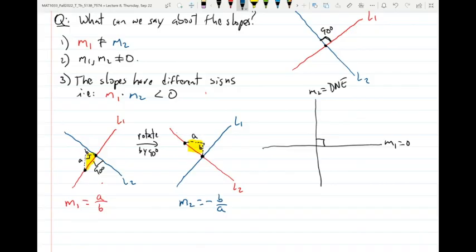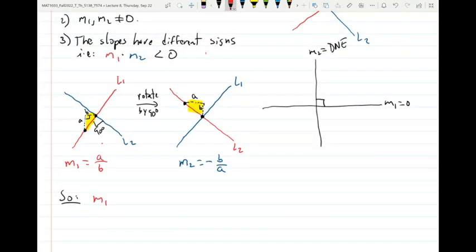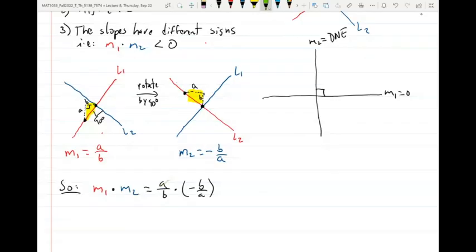Now that we have stuff to work with, let's multiply them. What happens when you do M1 times M2? M1 is A over B, and M2 is negative B over A. So what happens here? The A's cancel, the B's cancel.